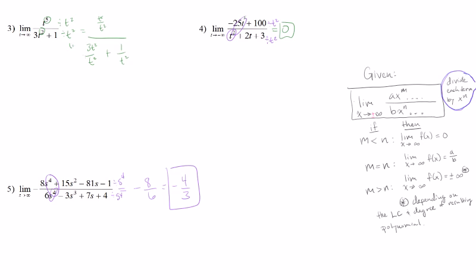And in the limit as t approaches infinity, what will happen is these cancel each other out, and this will go to 0. And then this will reduce to t to the 3rd.